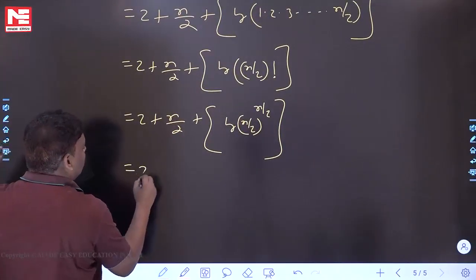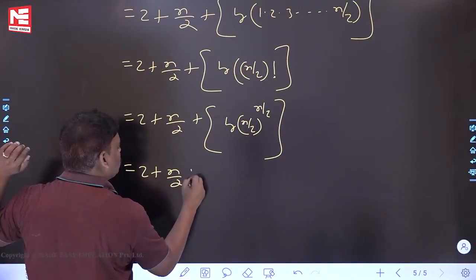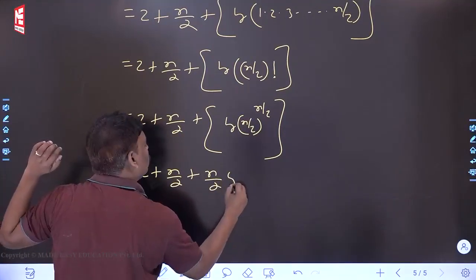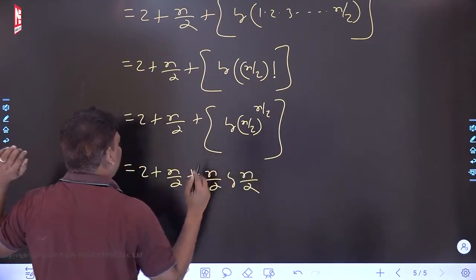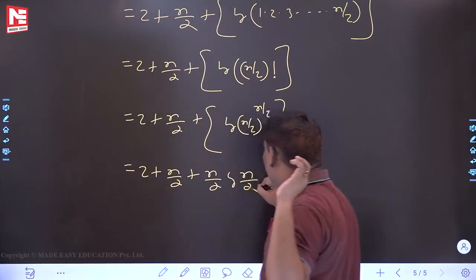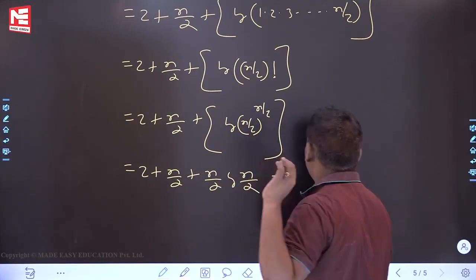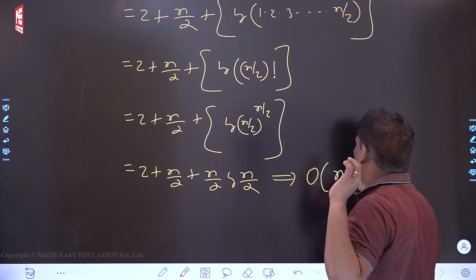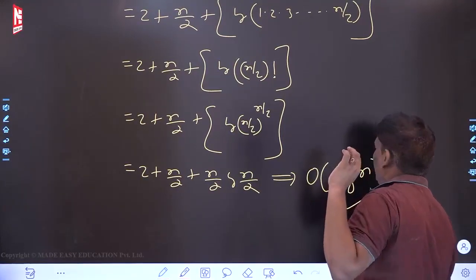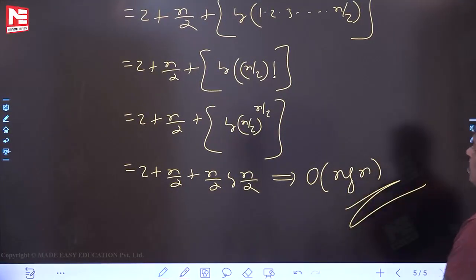This can be written as 2 plus n by 2 plus n by 2 log n by 2. Right? It is n by 2 into log n by 2. It is only n by 2, so forget about the small constant. This can be written as big O of n log n. Right? Big O of n log n.